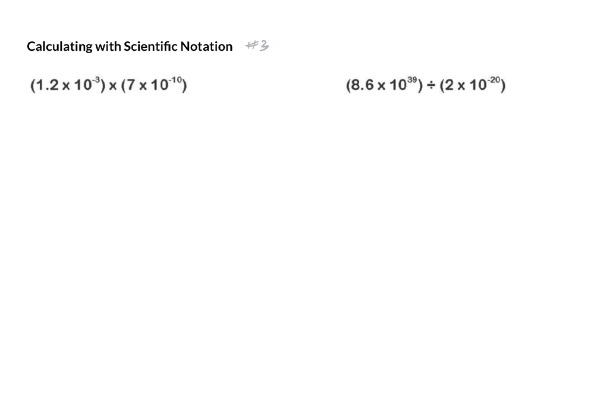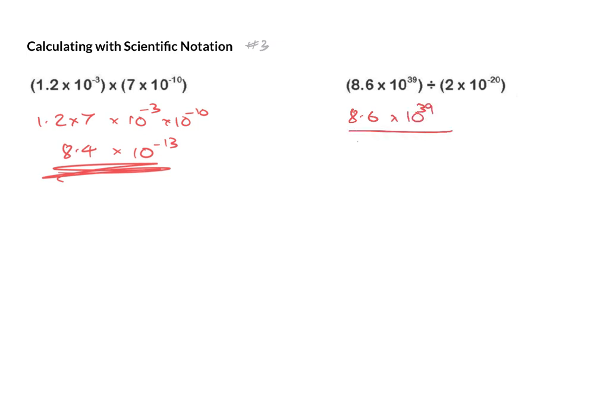And finally, two more. So I'm going to put these down as 1.2 times 7 times 10 to the minus 3 times 10 to the minus 10. That gives me 8.4 at the front and 10 to the minus 13 at the bottom. This is in scientific notation already, so I stop at that point. And then the final one, 8.6 times 10 to the 39 over 2 times 10 to the minus 20.